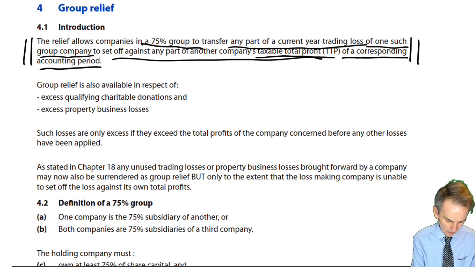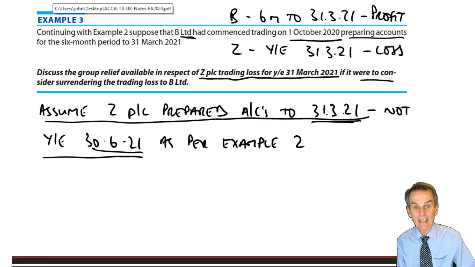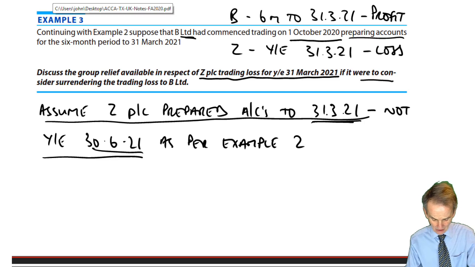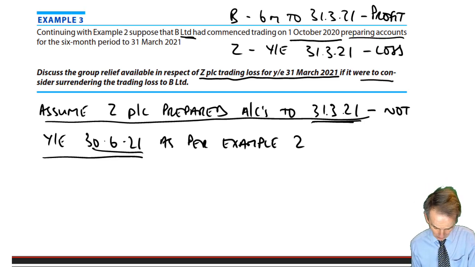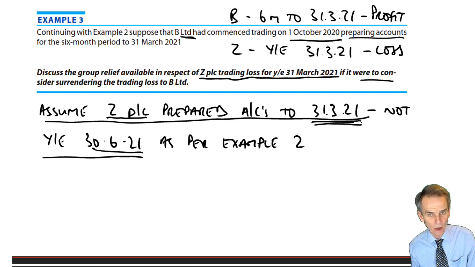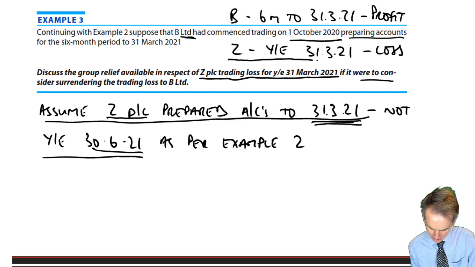But what I left you with at the end of our very extensive previous session was example 3, where we had changed the information from example 2 such that Z plc prepared accounts to the 31st of March 21 rather than the 30th of June. For that period, the year ended March 21, it made a loss.